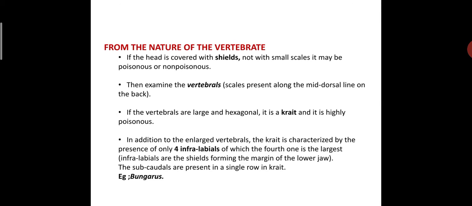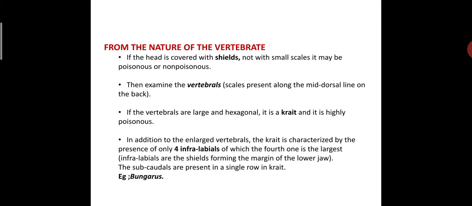It is a krait and it is highly poisonous. The mid dorsal line of the back side of the snake is the vertebrals. If it is large and hexagonal, it is a krait and it is poisonous.